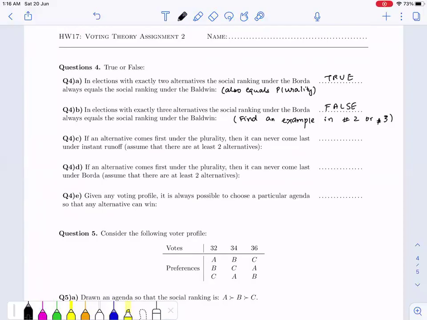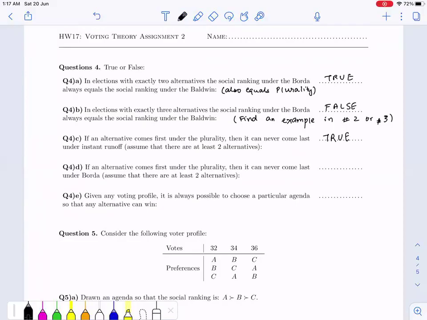Okay. The third one says that if an alternative comes first under plurality, then it can never come last under instant runoff. This is true, because if it comes first under plurality, then it's definitely not eliminated in the first place, I mean, after the first round.